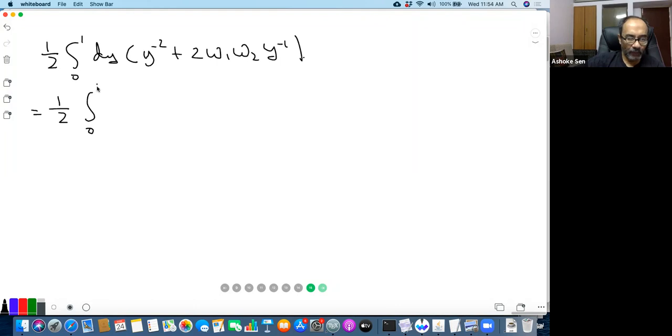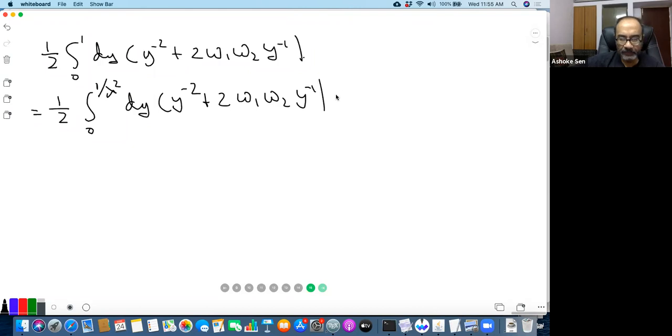So one is from 0 to 1 over lambda square, this is dy y to the minus 2 plus 2 omega 1 omega 2 y inverse, plus the integral from 1 over lambda square to 1 dy y to the minus 2 plus 2 omega 1 omega 2 y inverse.